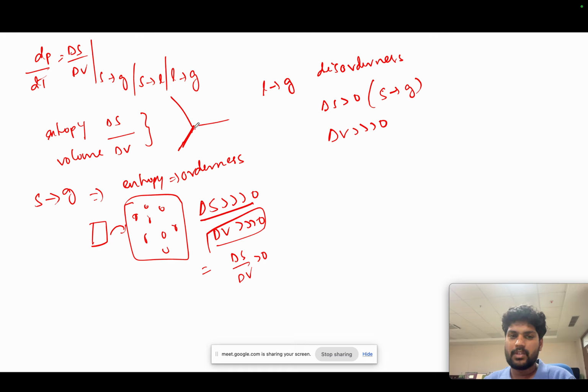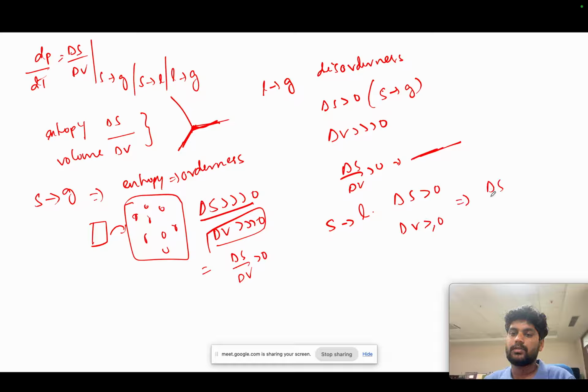So that's why the slope of the graph of delta S by delta V will be greater than 0, but it will be the gentler slope, not the steepest one. But if you take from the solid to liquid, delta S will be much bigger than 0, but delta V will be small. So that's why we have the steepest one.